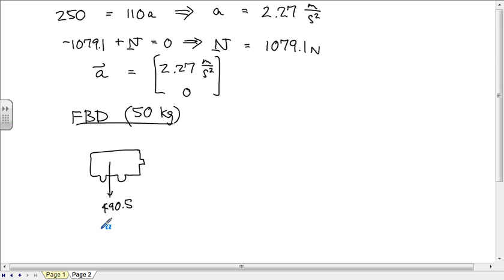You have the normal force, I'll call that N50, acting up. And then you have this force F, which represents the force vector that we're trying to calculate. Any questions about how I set that up?